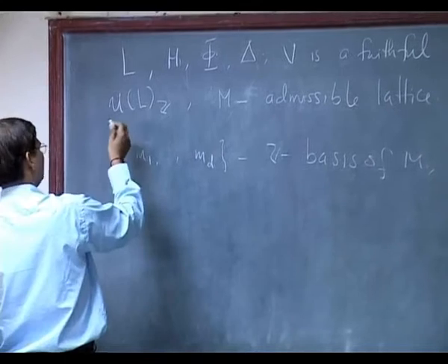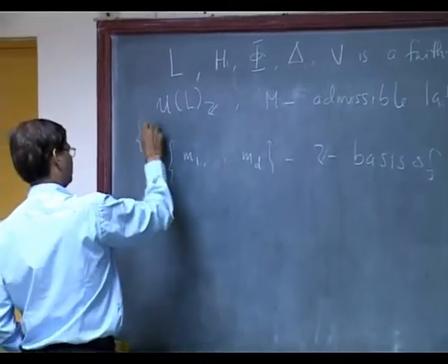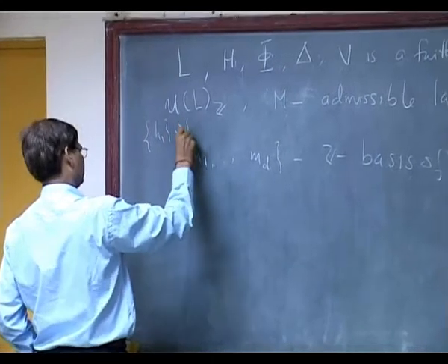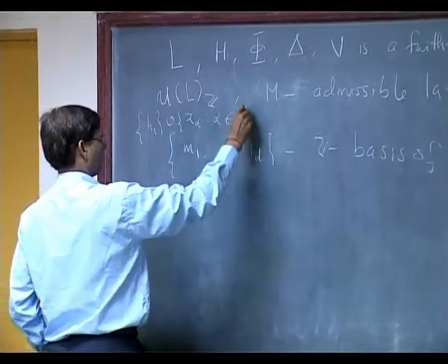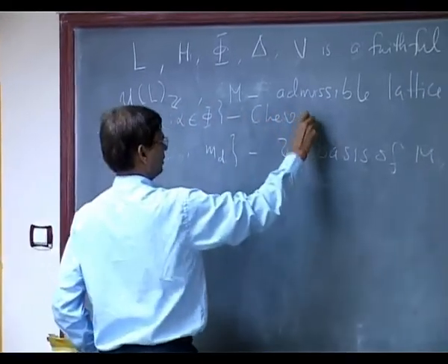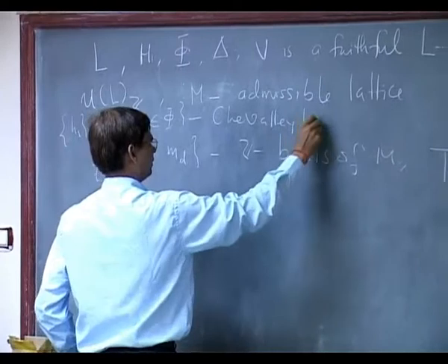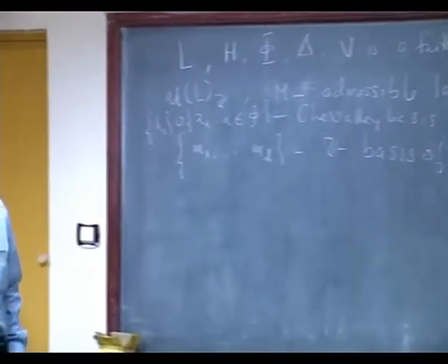Okay. So, our Chevalley basis is H_i and X_alpha, alpha in phi. This is also fixed. Okay.